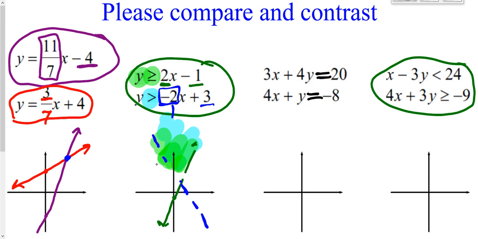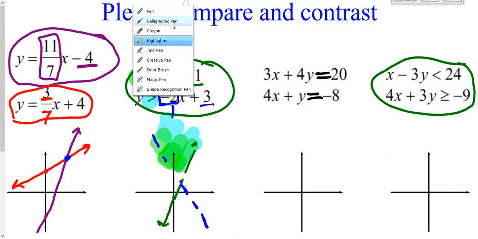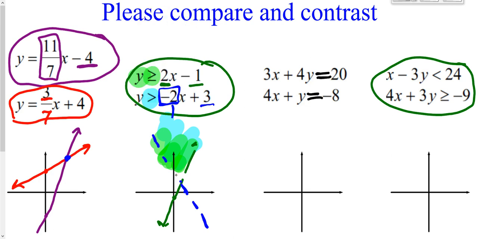And it's not wanting to erase great, but I think you get the idea of what's going on here. So your answer is really just all this shaded region where they overlap.